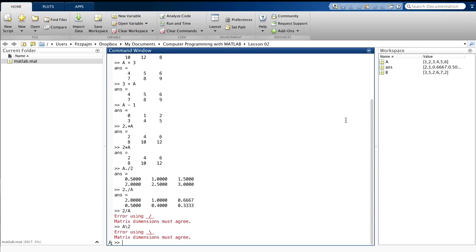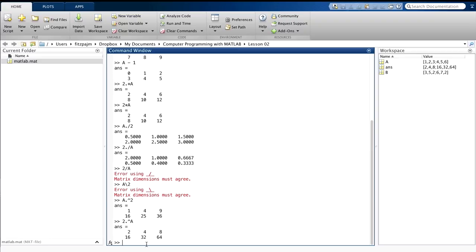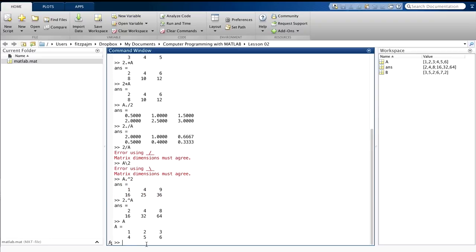Finally, the array version of exponentiation works as you might expect it to. A dot caret 2 applies that exponent 2 to each element of A, so it squares each element. And it works the other direction too. Let's look at A again so we can remember what's in there.